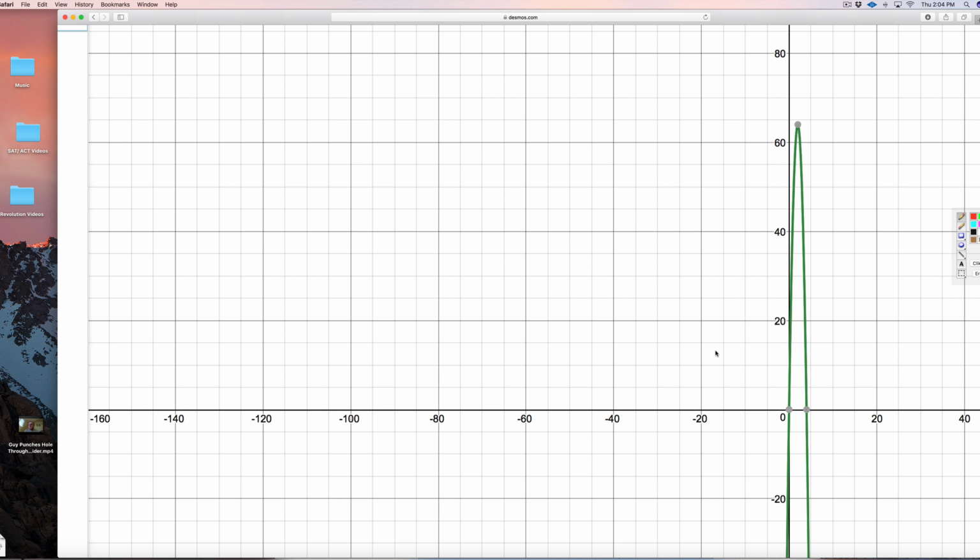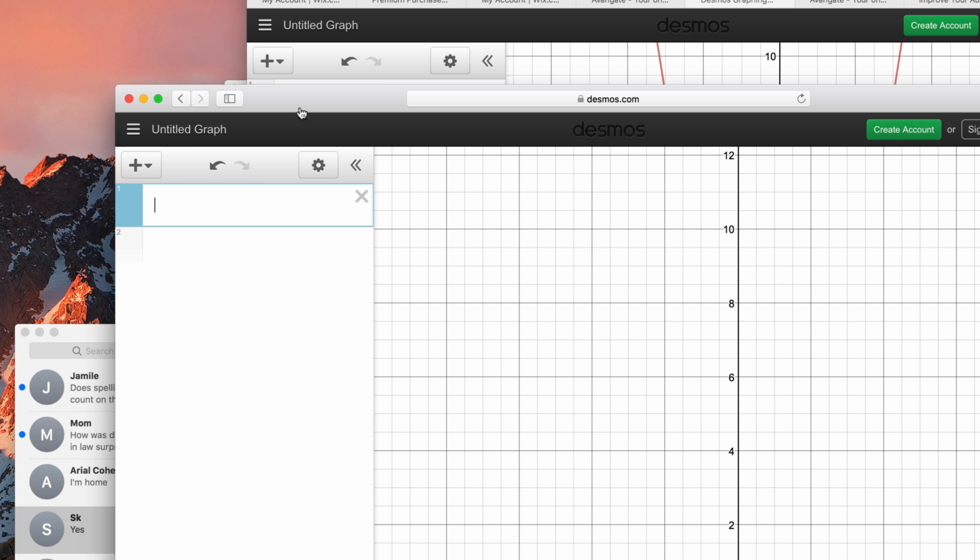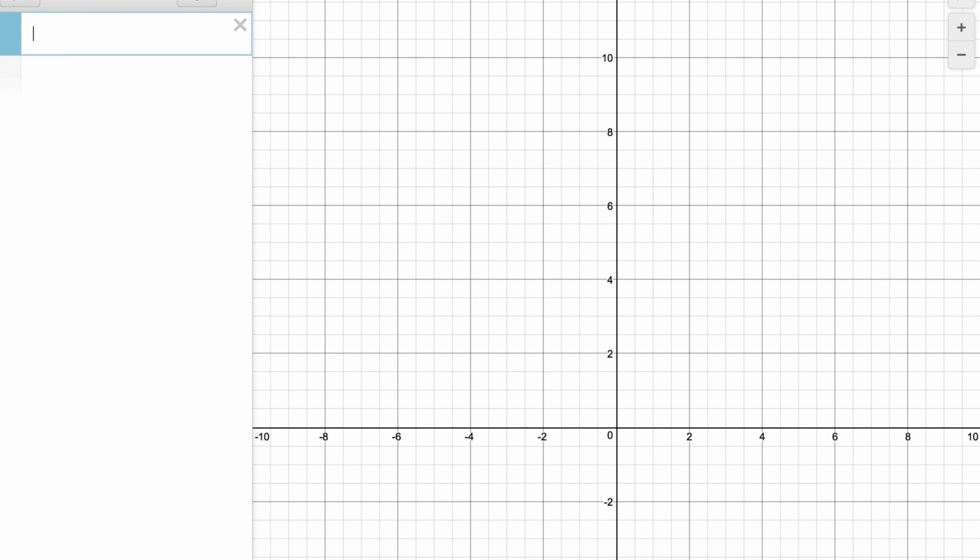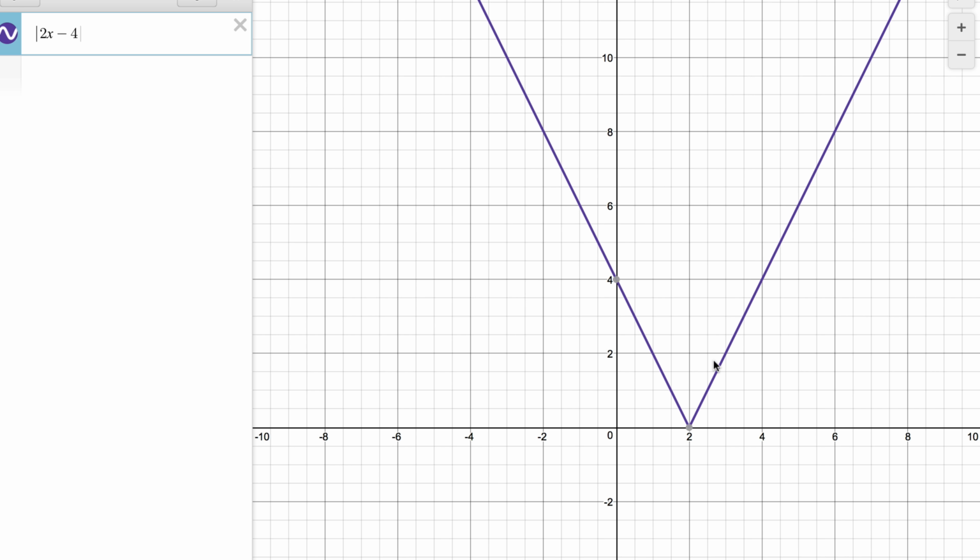Let's look at another question that won't be so high up maybe. So we want to graph the absolute value of 2x minus 4. Okay. Now, again, is there a limitation in terms of the y, of what y could be?